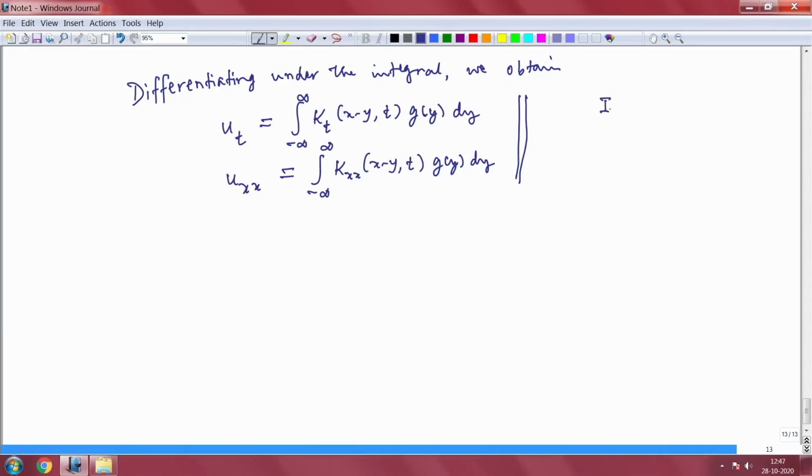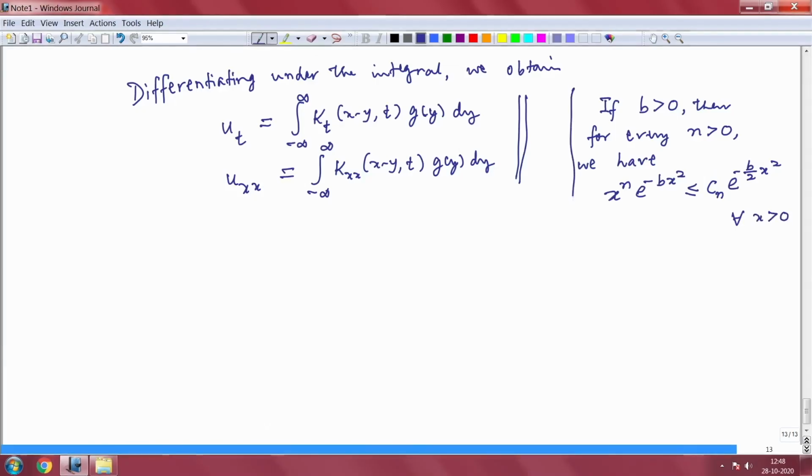This is a small result in analysis: if b is positive, then for every n positive, it can be an integer or anything, we have x to the n e to the minus b x square is less than or equal to some constant depending on n times e to the minus b by 2 x square, for all x positive.